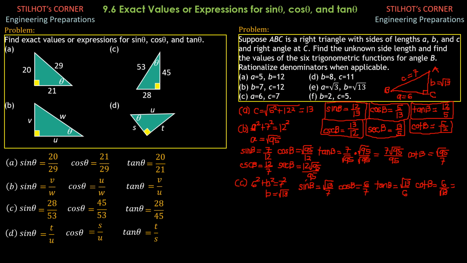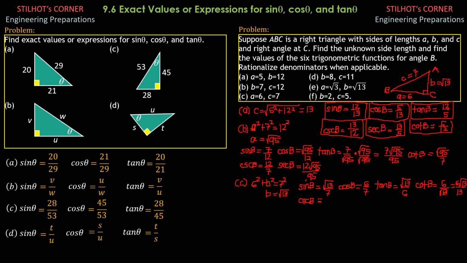So this is multiplied square root of 13 over square root of 13. So the final answer is 6 square root of 13 over 13 after we rationalize the denominator. Reciprocal of sine is cosecant of B is 7 over square root of 13.